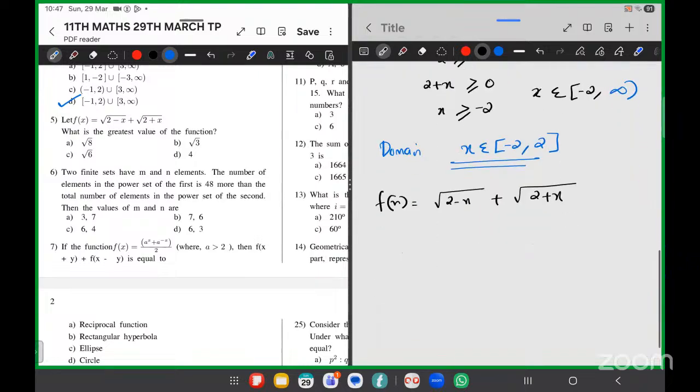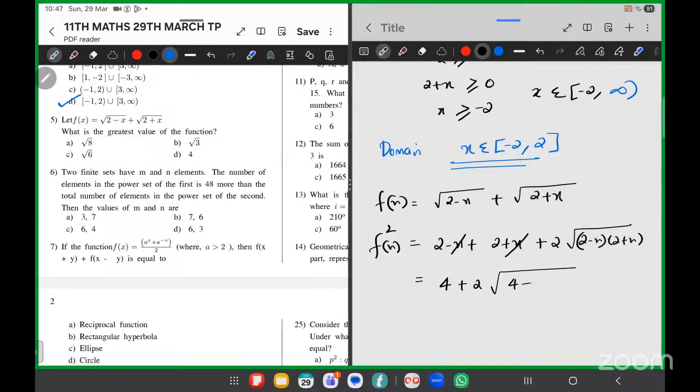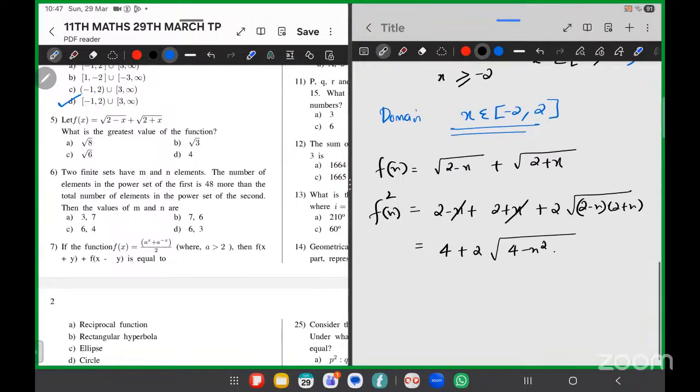If you take the square of this one, it will become 2 minus x plus 2 plus x plus 2 into under root of 2 minus x into 2 plus x. x cancels, 2 plus 2 is 4, plus 2 into under root of 4 minus x square. This is f of x the whole square.